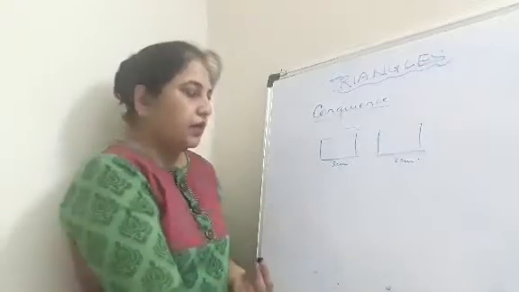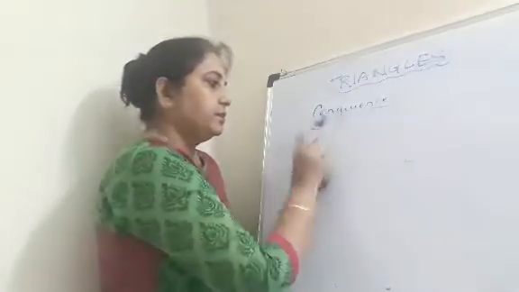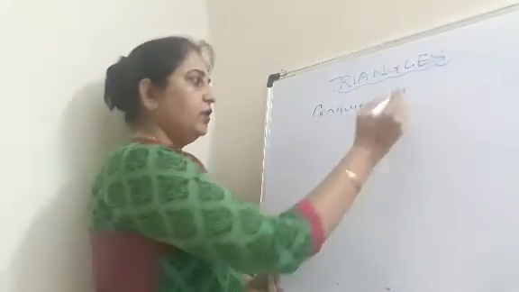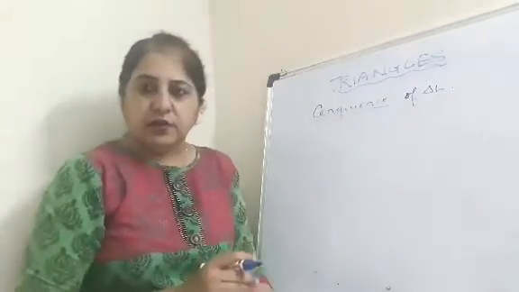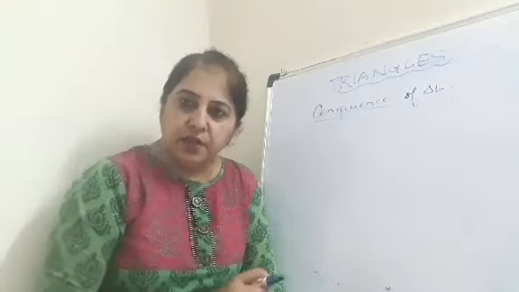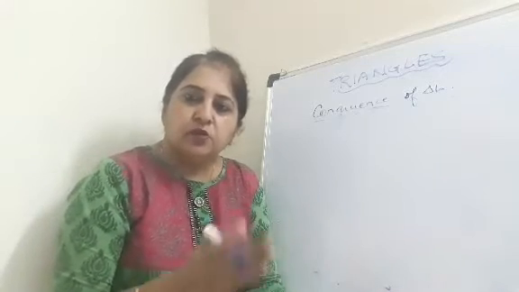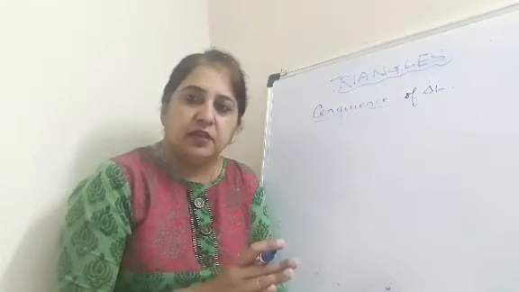But now we are going to study the congruence of triangles. How will you write the congruence of triangles? Two triangles are congruent when they have the same size and shape, and when superimposed, they cover each other exactly.